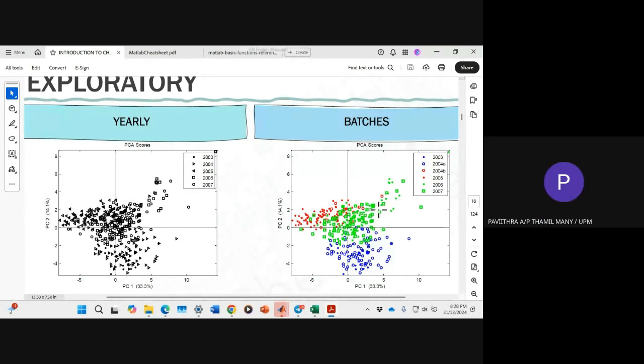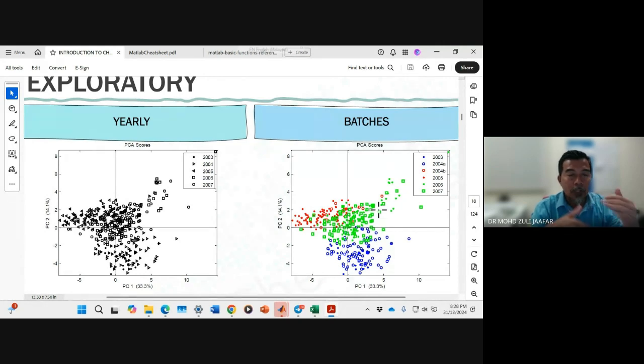So that is why, when you want to discuss something about data analysis when you do chemometrics, you have to make sure that your data set is in control, meaning that you are having the same sample, palm oil, and you understand the genetics of the plant that you get the palm oil from, and you fix the instrument that you generate the spectra with.